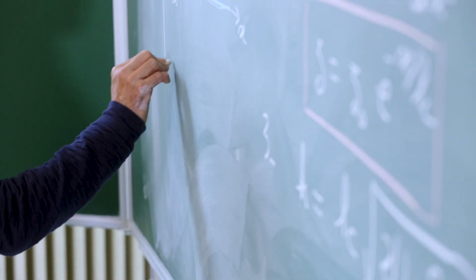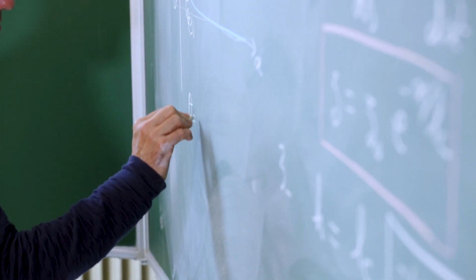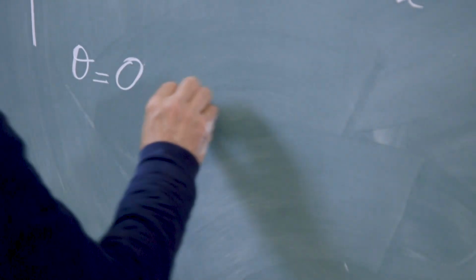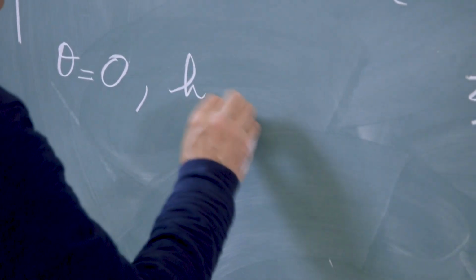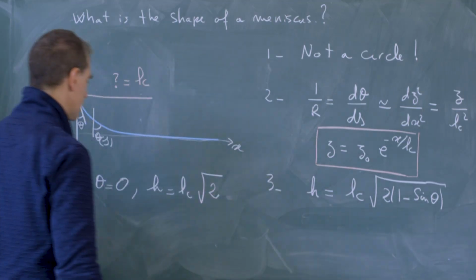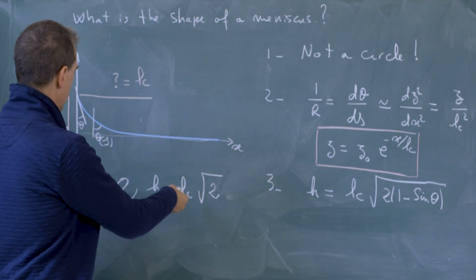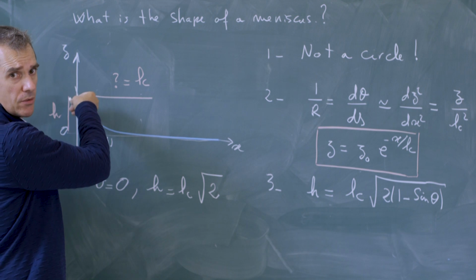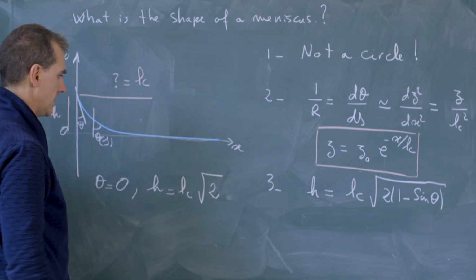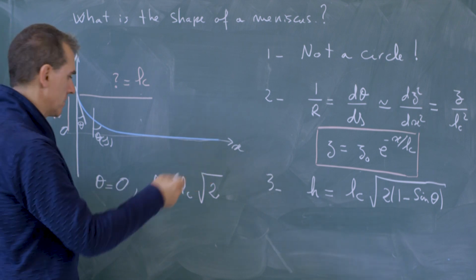The first one is when the contact angle goes to 0, so for a wetting liquid. In this case, our expression tells us that the vertical elevation will be the capillary length times square root of 2. And so this is, again, a vertical deformation that will go like the capillary length and a prefactor that depends on the contact angle.